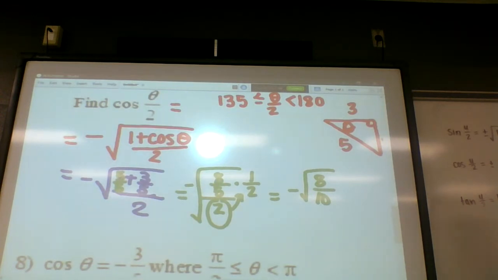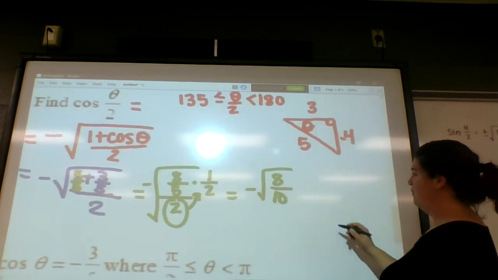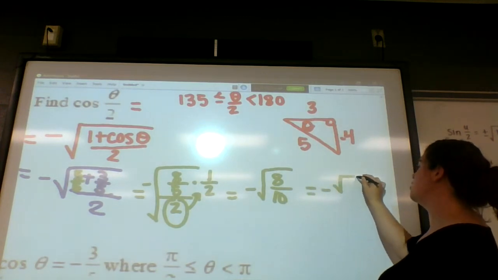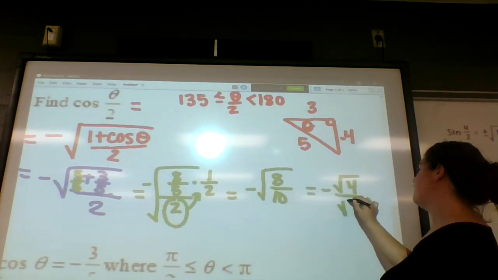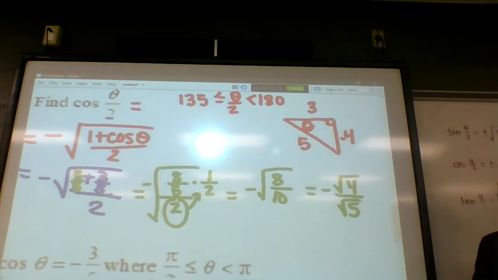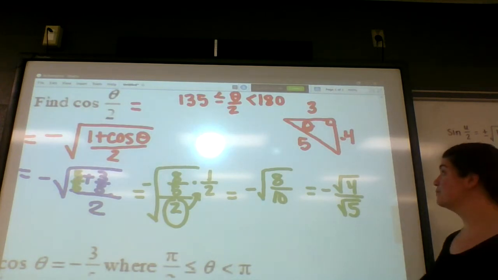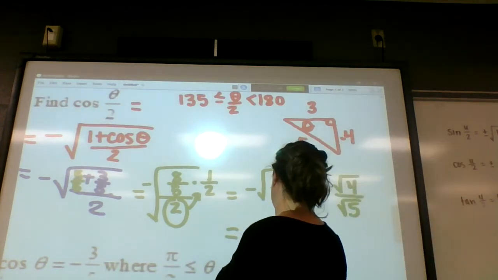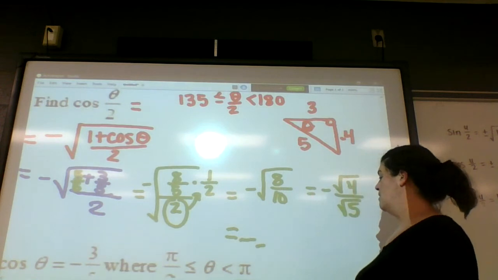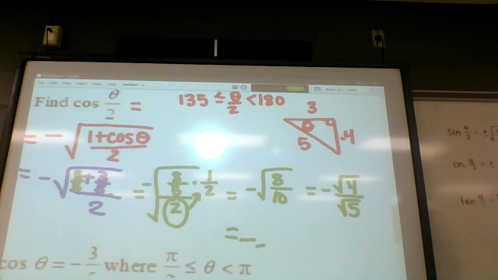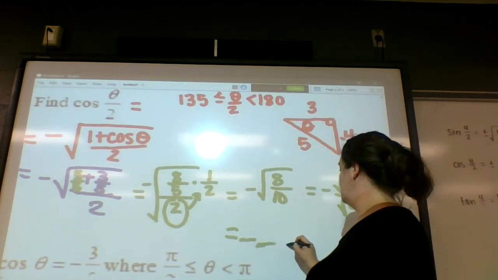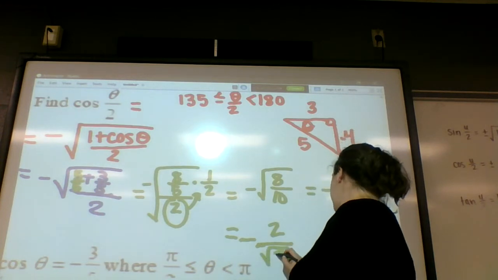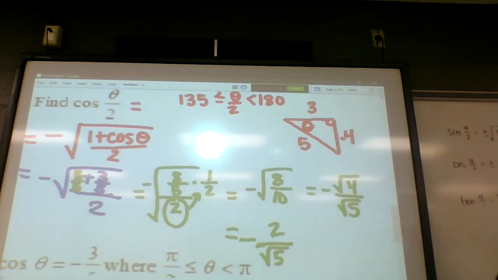What's 8 over 10 equal? 4 over 5. And technically, you can also square root 4 and square root 5, right? Okay, if I do those at the same time. Square root of 4/5, which is the square root of 4 over the square root of 5. All right, we're getting closer. Square root of 4 is 2 over the square root of 5, because the square root of 5, that's not a nice number.